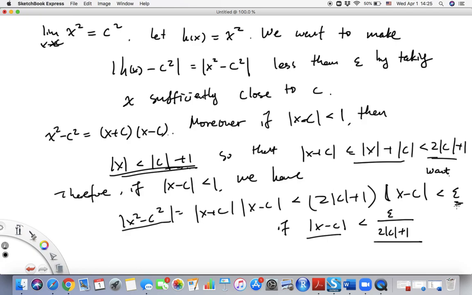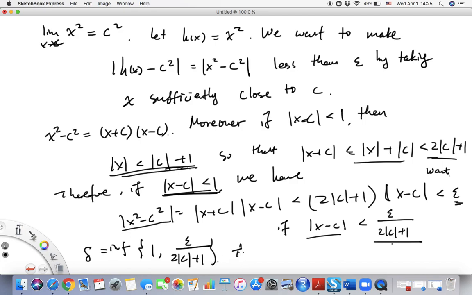Okay? So as long as x minus c is less than this number, then we have x squared minus c squared less than epsilon. But for this to hold, another important condition is we must have the absolute value of x minus c less than 1. So how do we choose our delta to ensure that x minus c is less than this and x minus c is less than 1? So here's the trick. We pick delta to be the minimum of the two.